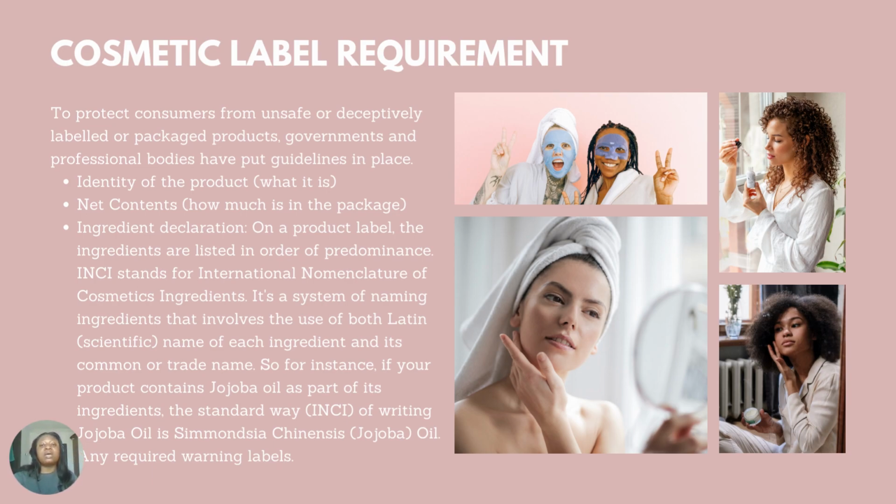So it makes sense that you list distilled water first, followed by the next ingredient with the highest percentage, followed by the next, just like that. So you need to name your ingredients in order of predominance.